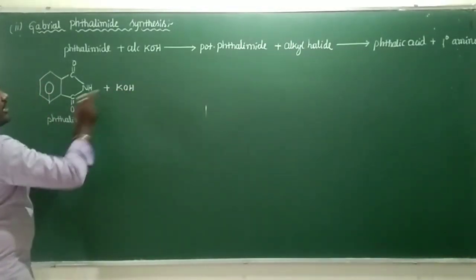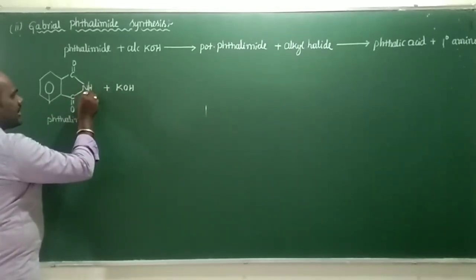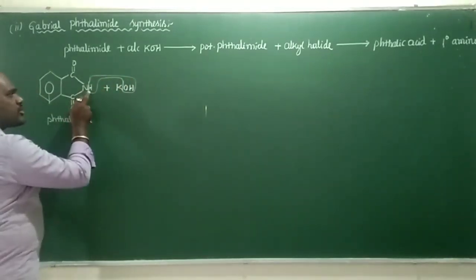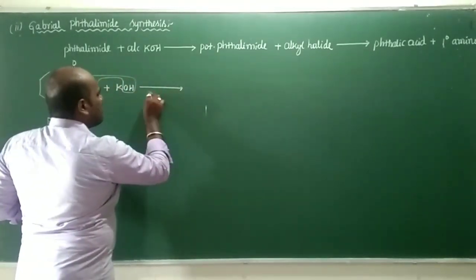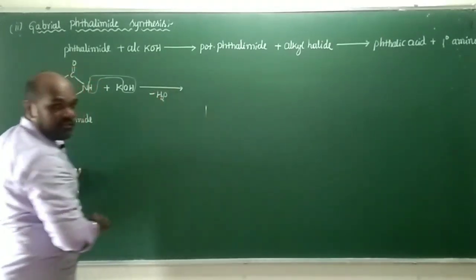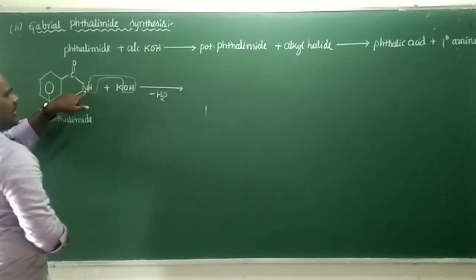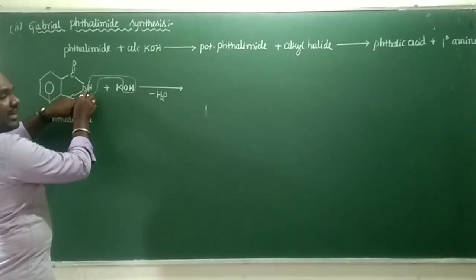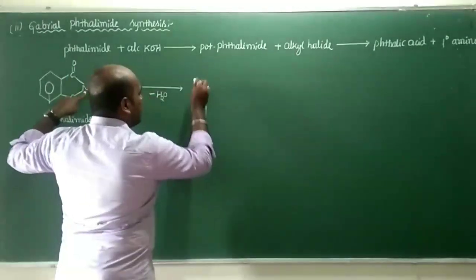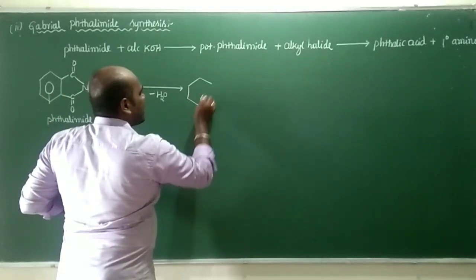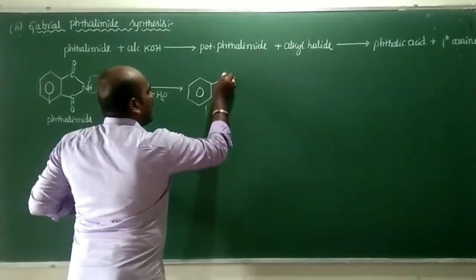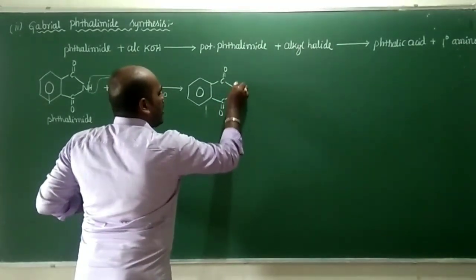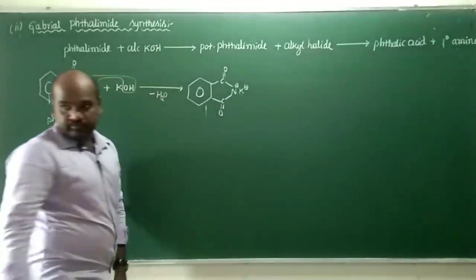When you react phthalimide with alcoholic KOH, the H plus and OH minus will combine, resulting in the elimination of a water molecule, so that the nitrogen will get the negative charge and the potassium with positive charge will get attached over here so as to get potassium phthalimide. So phthalimide on reaction with alcoholic potassium hydroxide results in the formation of potassium phthalimide.